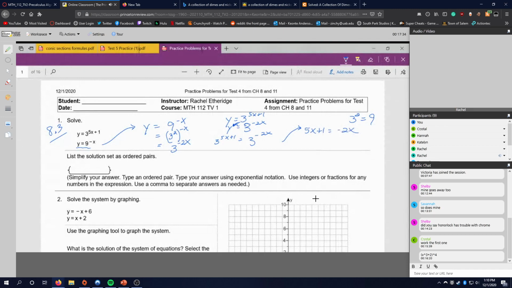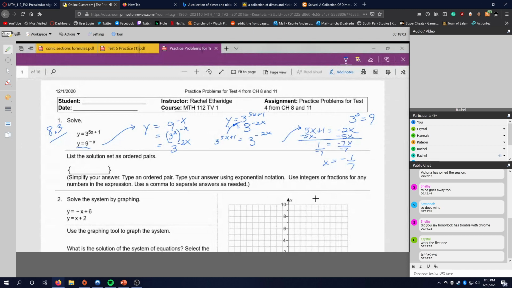All right, so I have 5x plus 1 equals negative 2x. I'm going to subtract 5x and get it over here with my 2x. So then x is negative 1/7. I know what x is, and I need to know what y is.